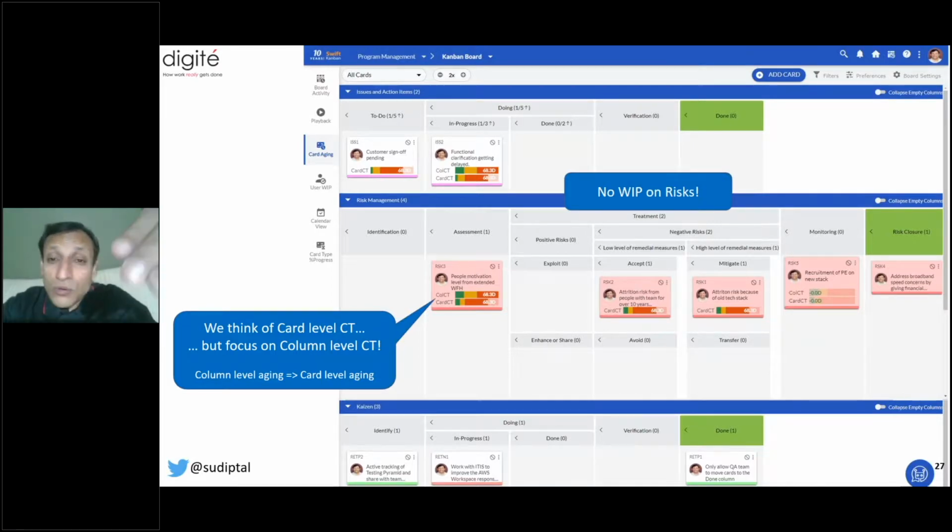Make sure that you do not apply WIP on your risks. It's a good idea in many cases. In a few cases, it's a bad idea. You don't want to put a WIP on your risks. If you have a risk, you want to know about it. You want to make sure that you do something about it, even if you accept it. And acceptance is an absolutely defined strategy as far as a risk is concerned.